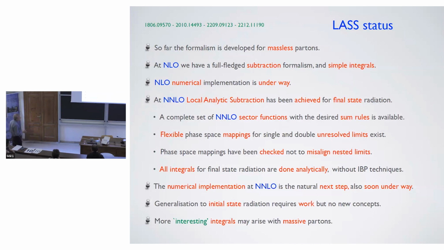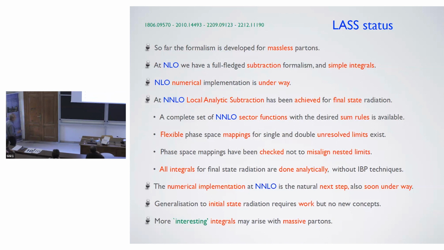At next-to-leading order, we are done with final state radiation, done analytically, so to speak, which includes a menu of things that one has to have: sector functions for us, phase-space mappings, checks on the phase space. This is an extraordinarily expensive step in our formalism, and all integrals are done.